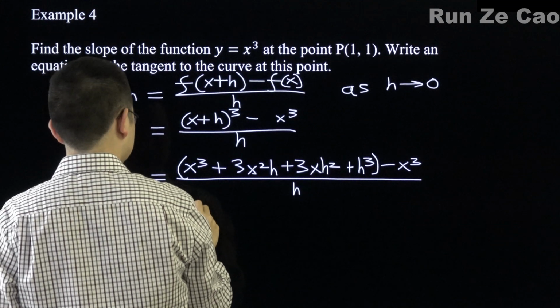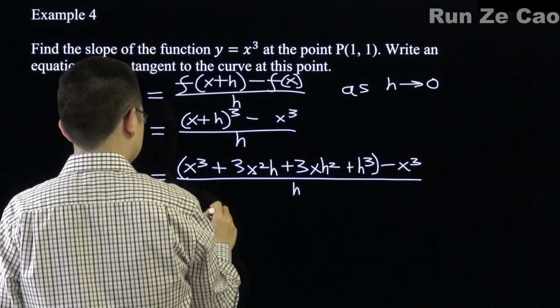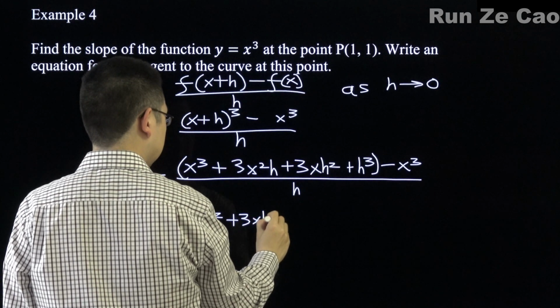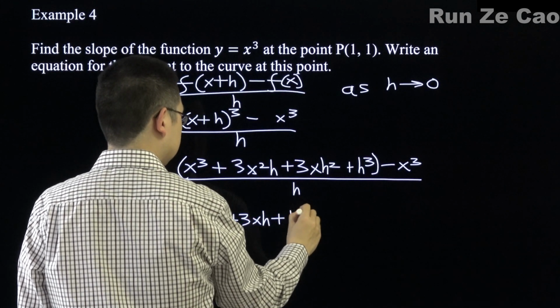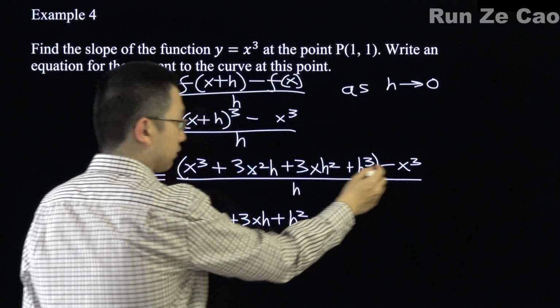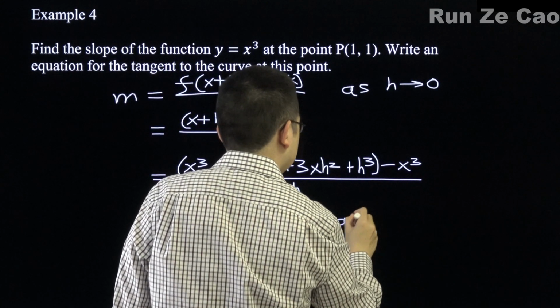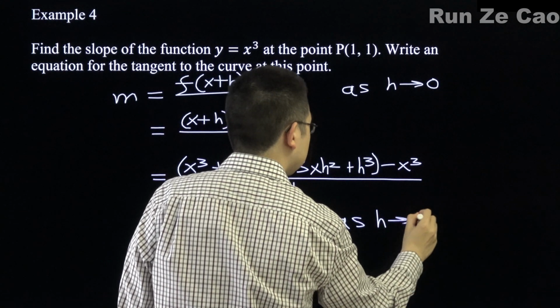So this is 3x squared plus 3xh plus h squared, because the x to the thirds cancel out. And this is as h approaches 0.